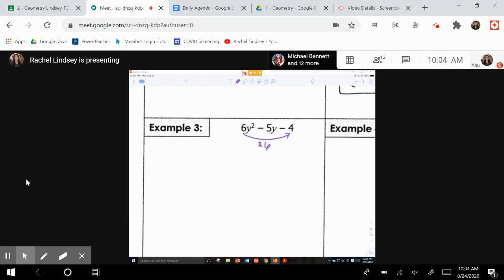So when I do that, I have y squared minus 5y, and then 6 times negative 4 gives you negative 24. Now I can factor this trinomial. What two numbers multiply to give you negative 24 and add to give you negative 5? Negative 8 and positive 3.